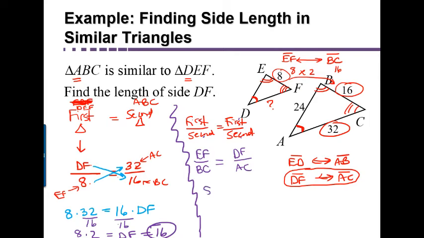So that would mean that 8 over 16 equals the unknown side, I'm just going to keep as DF over 32. And if you set it up that way, you're still, when you cross multiply, going to get the same equation. 16 times DF equals 8 times 32. And you would still come to the conclusion that DF equals 16.